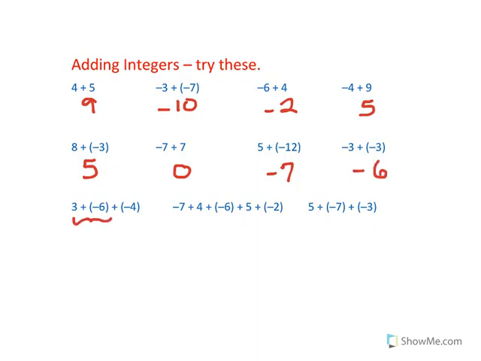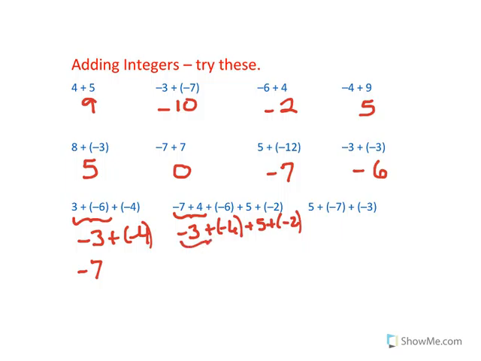2 at a time. 3 plus negative 6 is a negative 3. A negative plus a negative is a negative. 2 at a time. Negative 3. Copy down what you're not ready to use. Negative 3 and negative 6 is negative 9.